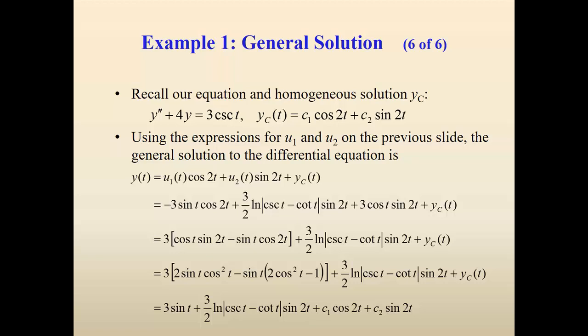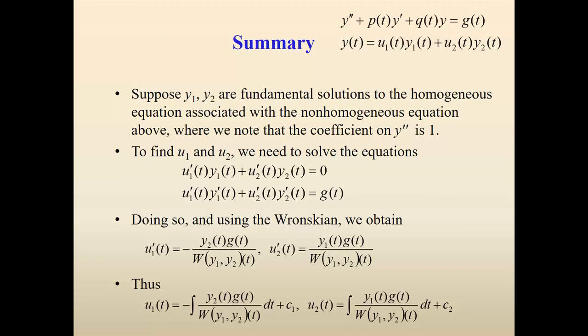This will help us determine how this can be used in any case whatsoever. Because what happens if I have a general solution y1 and y2? Well, note from here we get the Wronskian, right? Because this is a system of equations, u1 prime, u2 prime, u1 prime, u2 prime. Notice y1 over y1 prime, y2 over y2 prime. This is the setup of the Wronskian right here. So my solution is going to be divided by the Wronskian yet again.